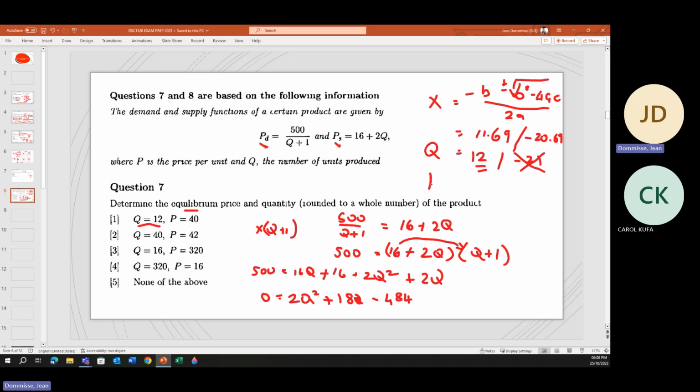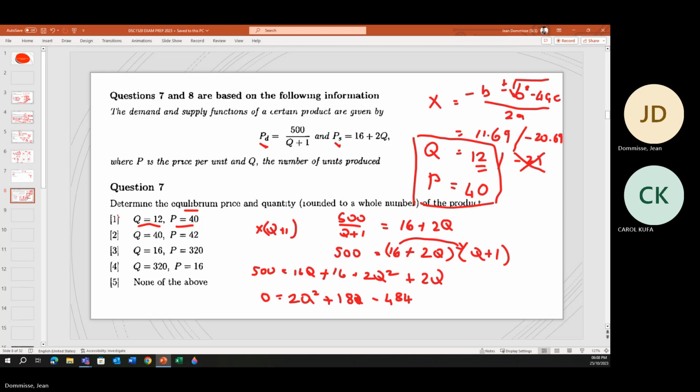And then if I put that 12 back into any one of the formulas, I would rather put it in here. 2 times 12 is 24. 24 plus 16 is 40. So my price would be 40. My quantity would be 12.